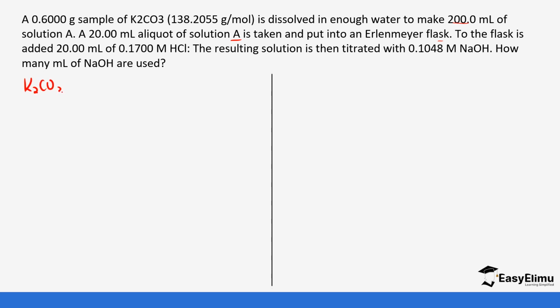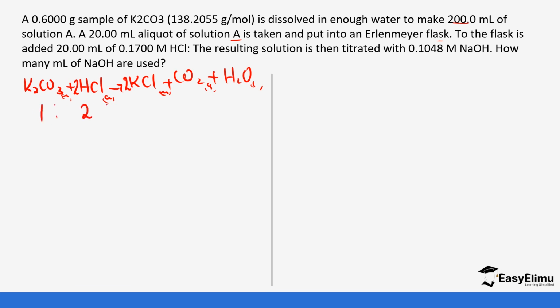We react it with hydrochloric acid to give us potassium chloride plus carbon dioxide plus water. We balance this equation by putting a 2 here, which causes us to put a 2 here. So that balances the equation. The mole ratio of the carbonate to the acid is 1:2.